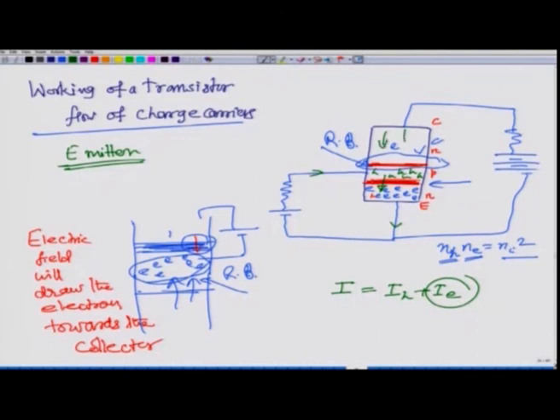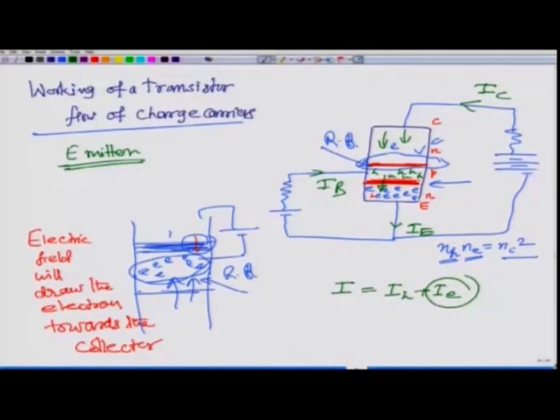This current must come from the battery, and therefore this IC is in this direction. So, this is IB, this is IE, and this is IC. That is how the currents are drawn.